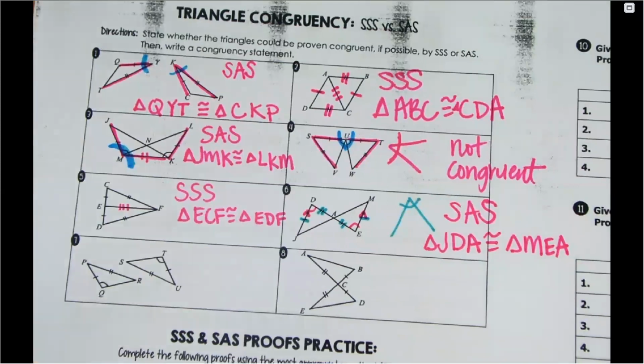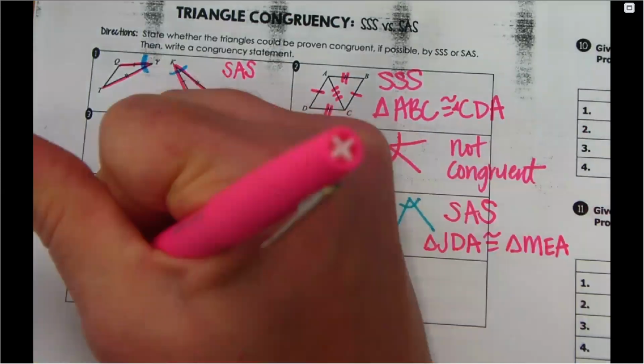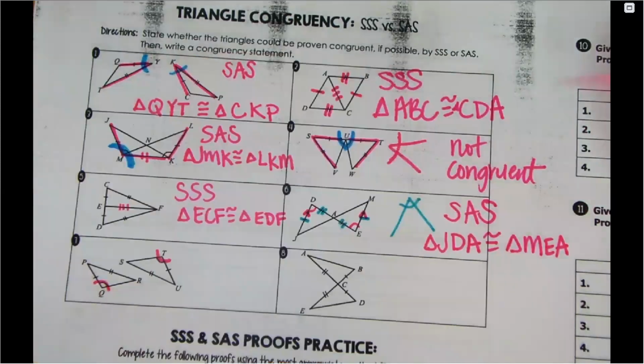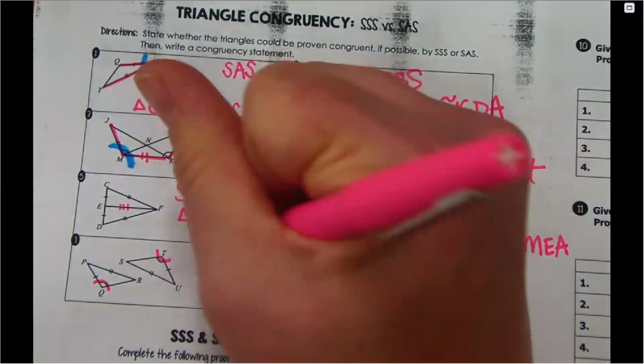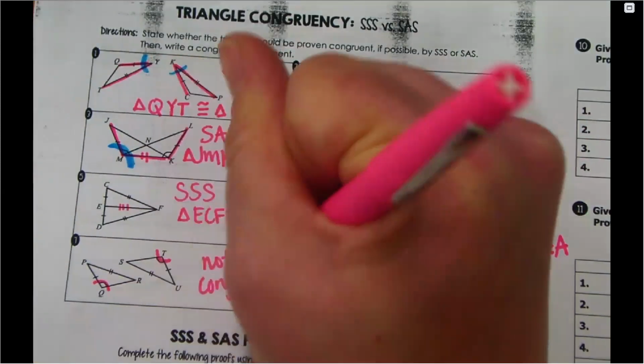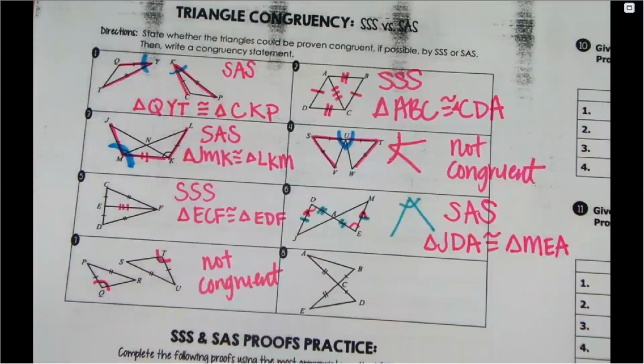Number 7, yes or no? No, this is not the included angle. There's no such thing as ASS, so this one's not congruent. Okay. For 8, yes or no? What type of angles are these?